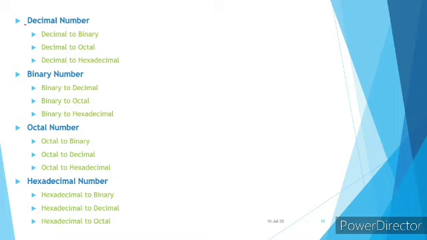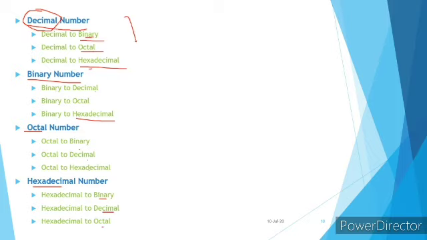Consider decimal: decimal to binary, decimal to octal, decimal to hexadecimal. Consider binary: binary to decimal, binary to octal, binary to hexadecimal. Consider octal: octal to binary, octal to decimal, octal to hexadecimal, and then hexadecimal to binary, decimal, octal. So each number system is being converted to each other number system.